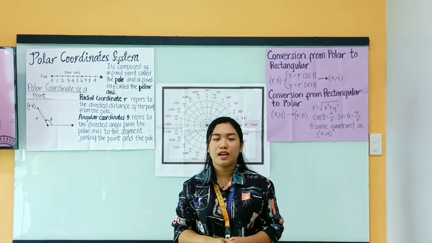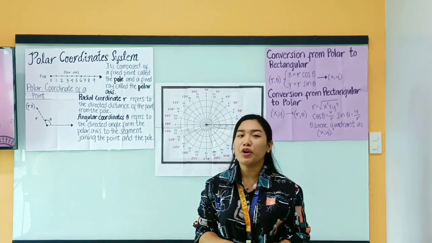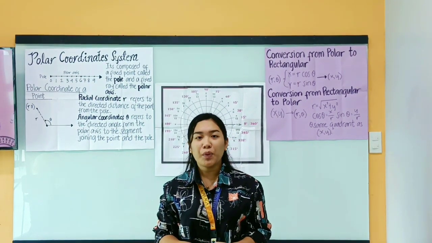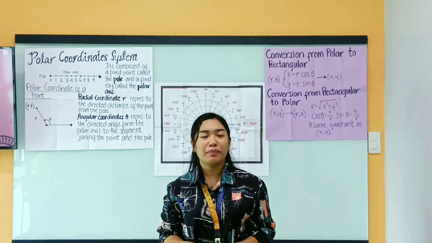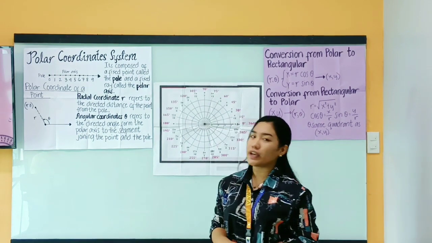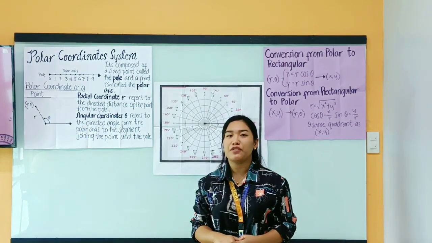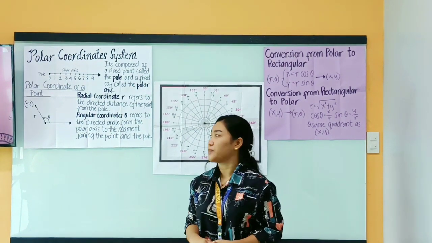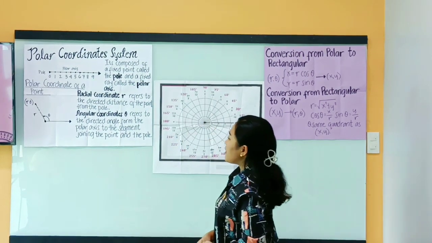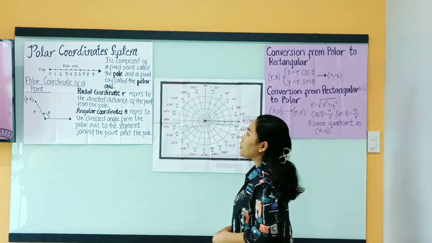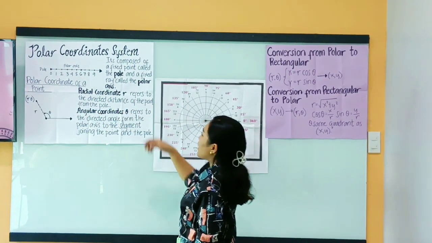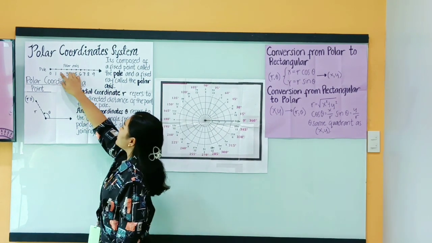So, do you have any idea what polar coordinates are? Anyone? So class, polar coordinates are a two-dimensional coordinate system in which a point on a plane is determined by a distance from a reference point and an angle from a reference direction. The polar coordinate system is composed of a fixed point called the pole, which is this, and a fixed ray called the polar axis.